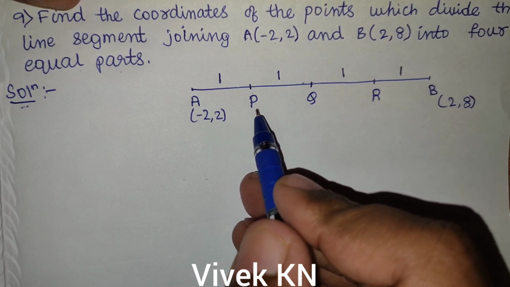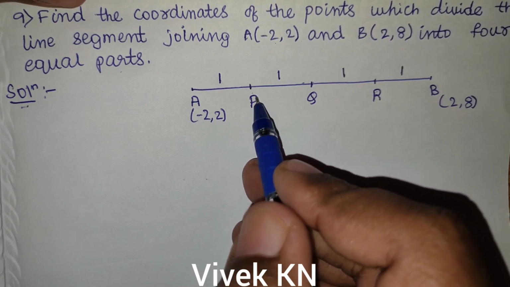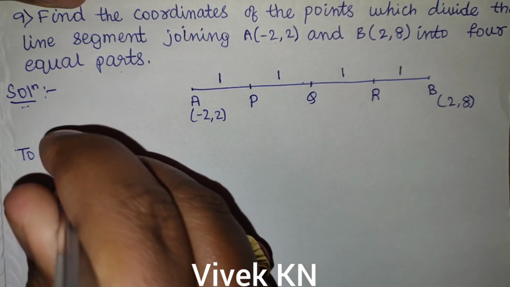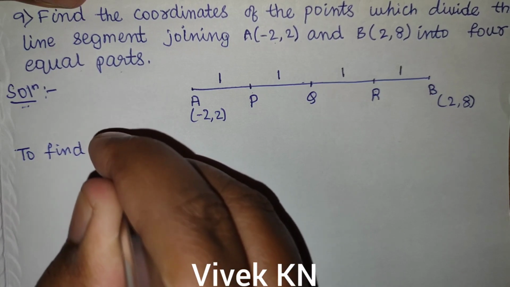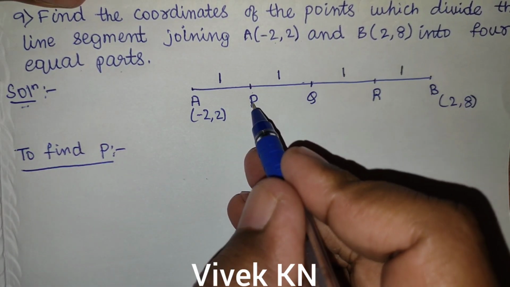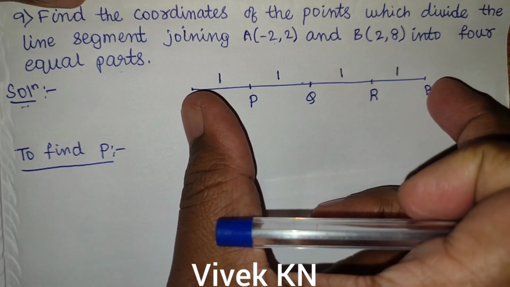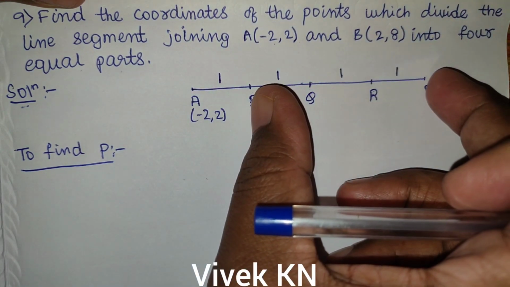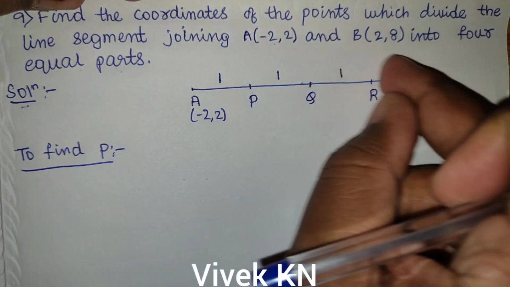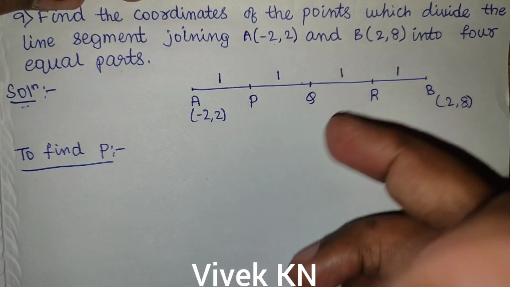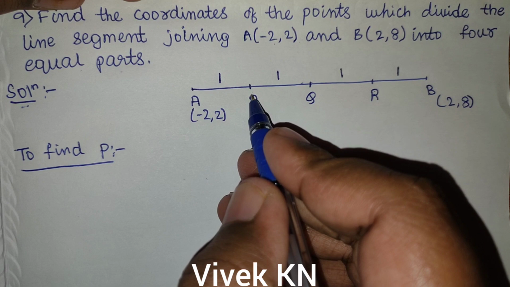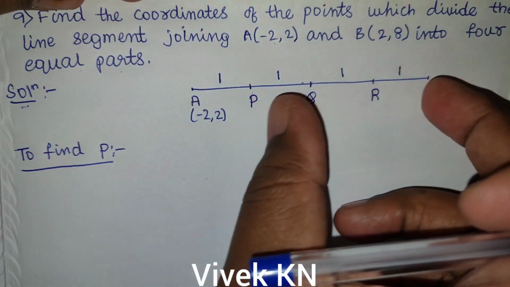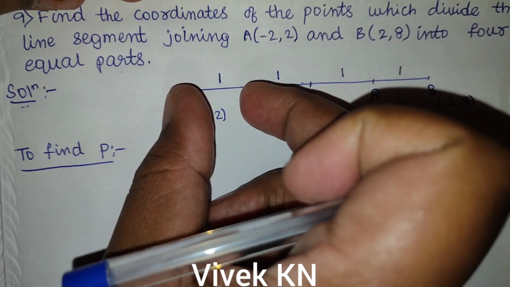So first, let us find out the coordinates of the point P. To find P, here P divides the line segment AB internally in the ratio 1:3. That is, we have to add all these 4 parts together. Okay, that is, this point P divides the line segment AB into 2 parts, AP and PB, that is in the ratio 1:3.